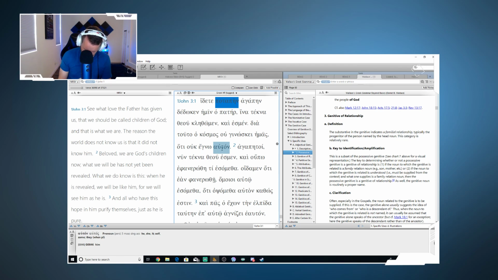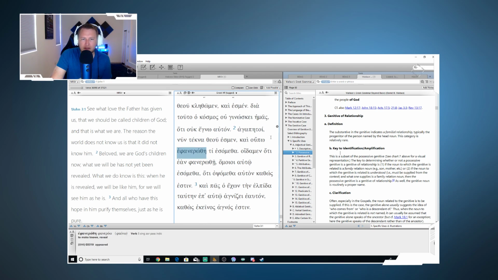Okay. Verse 2. Agapetoi, nun tekna theou esmen. Kai oupo ephanerothe ti esometha. Oidamen hoti ean phanerothe, homoioi autoi esometha, hoti opsometha auton kathos estin. Beloved, now we are children of God.